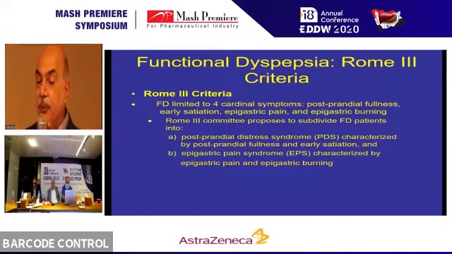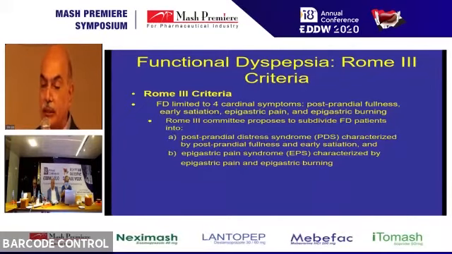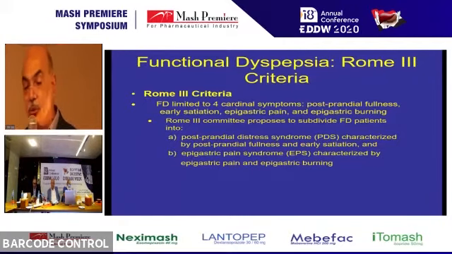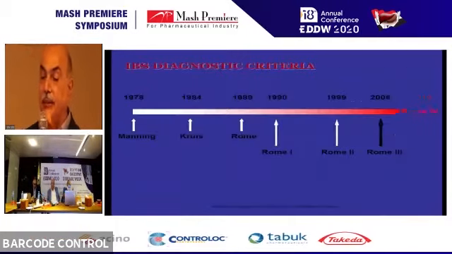And they proposed that they divide the patients into two main subgroups: postprandial distress syndrome, which is characterized by postprandial fullness and early satiation, and the epigastric pain syndrome, which is characterized by epigastric pain and epigastric burning.